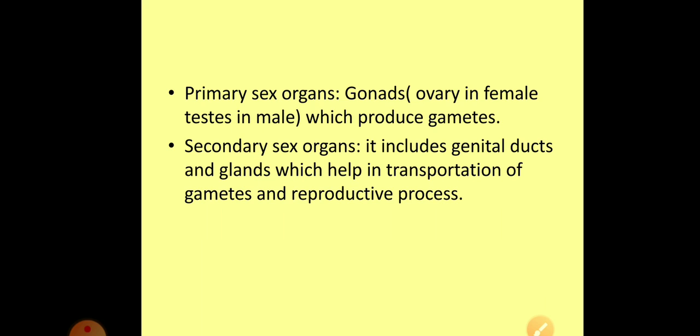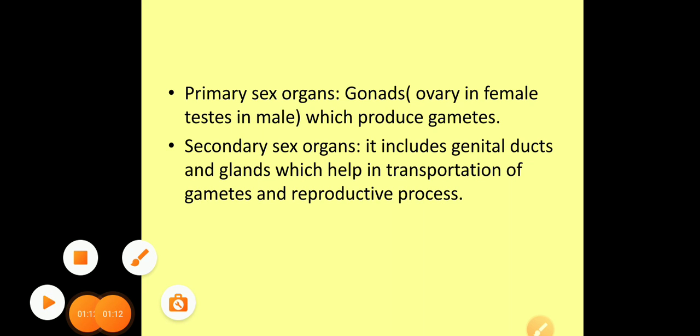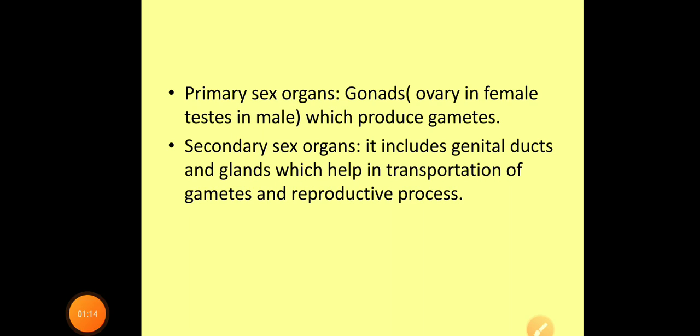The reproductive system of males and females consists of many organs which are distinguishable into primary and secondary sex organs. The primary sex organs are gonads, ovaries in females, which produce ova.